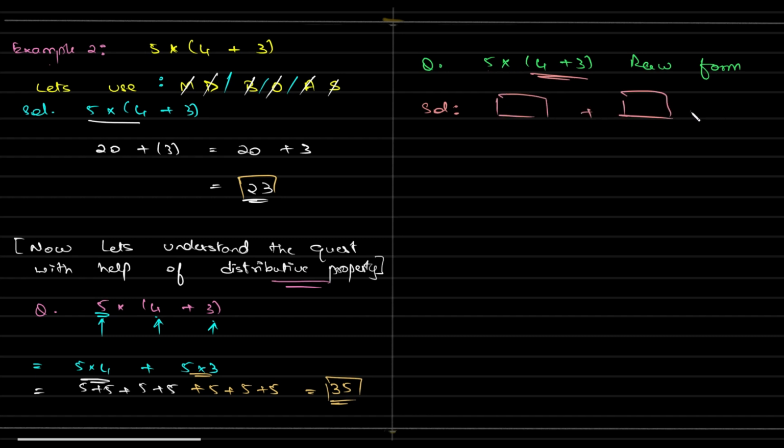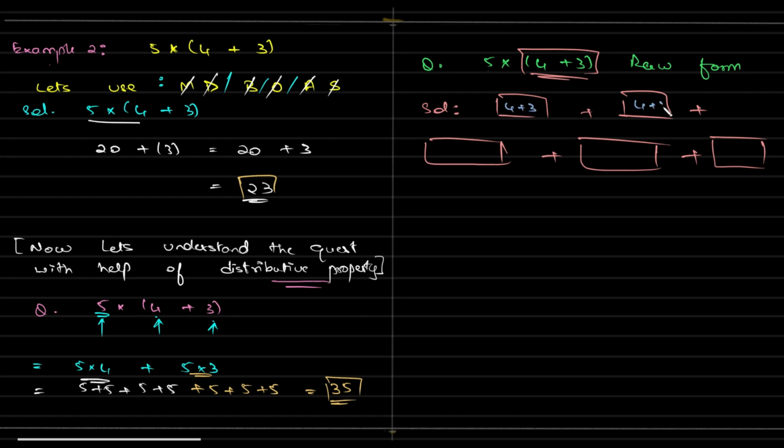Is it not? 1, 2, 3, 4, 5. That's what it tells, is it not? This has to be added 5 times. So we have 4 plus 3, 4 plus 3, 4 plus 3, 4 plus 3 and 4 plus 3.